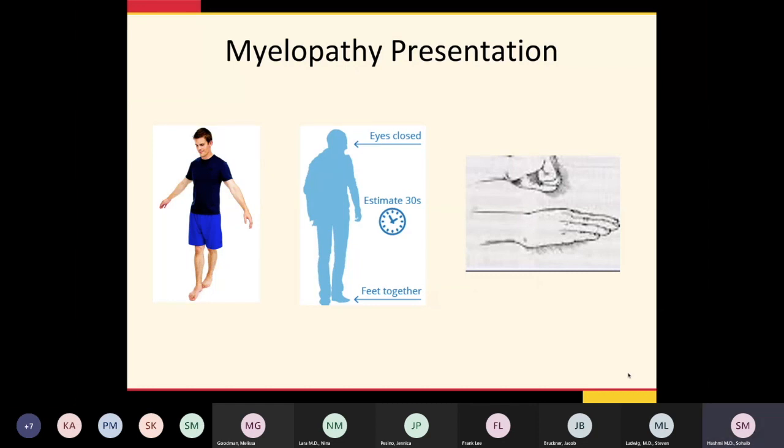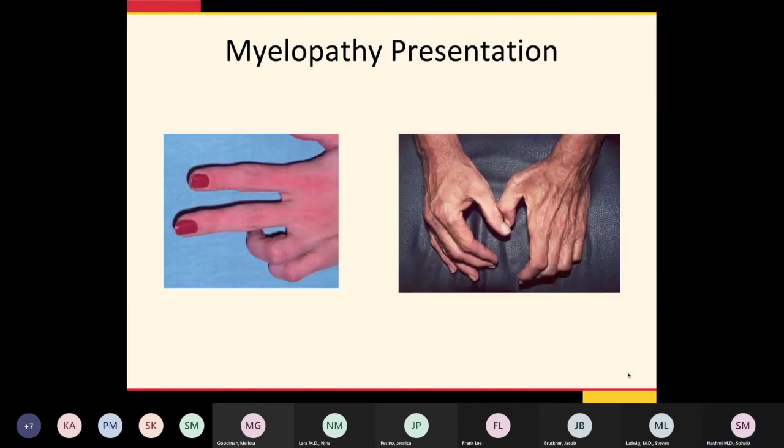The other thing that you'll see is pronation of their hand when their palms are up over the course of that 30 seconds. You can have intrinsic wasting and ulnar release, which is the inability for those intrinsics on the ulnar side to remain extended when asking them to keep their fingers completely extended.